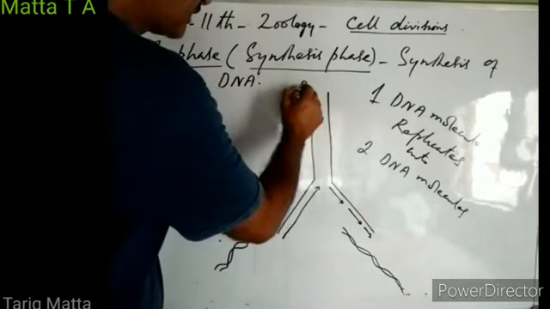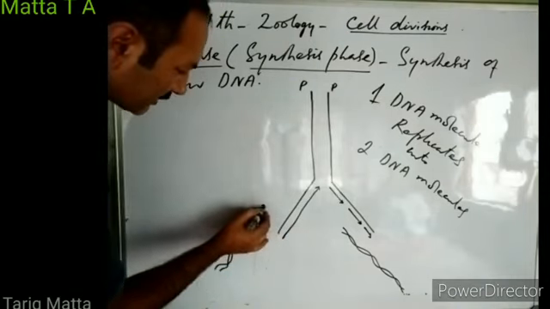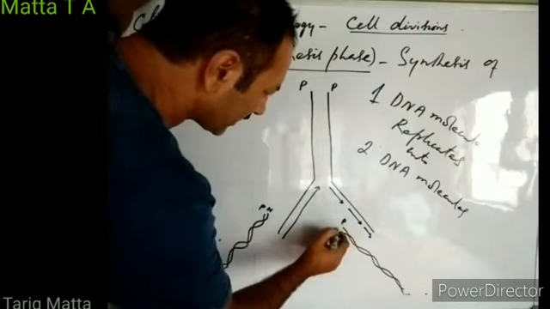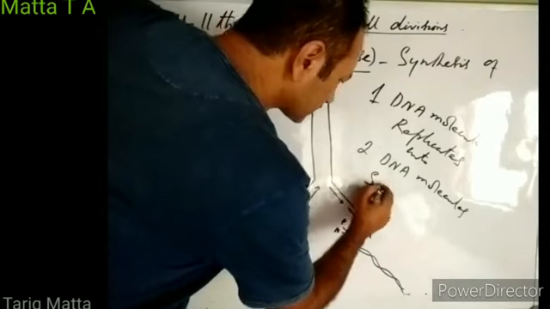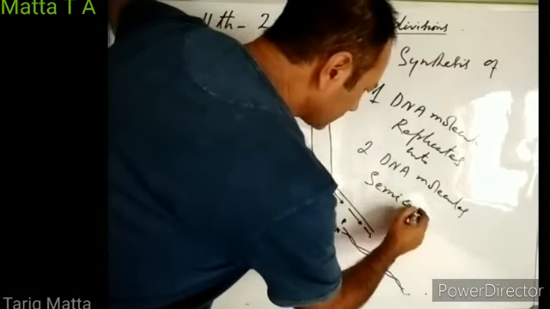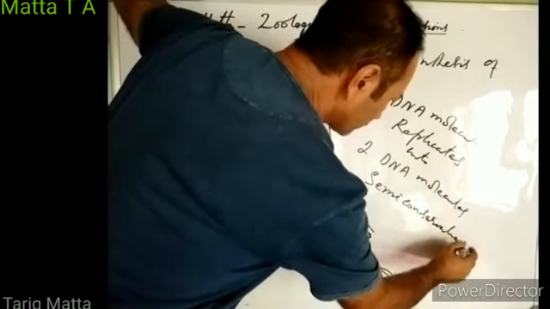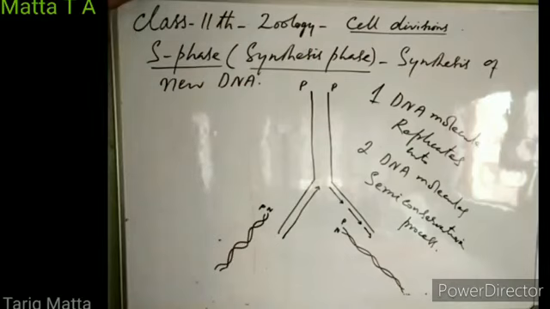So this is the parent DNA. In the newly formed DNA, there will be a parental strand and a new strand. Similarly here, there will be a parental strand and a new strand. You all know DNA replication is a semi-conservative process. So one parental strand is conserved, and on that parental strand, a new strand is formed.